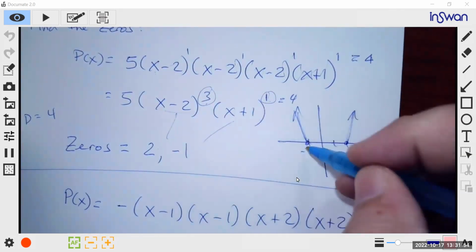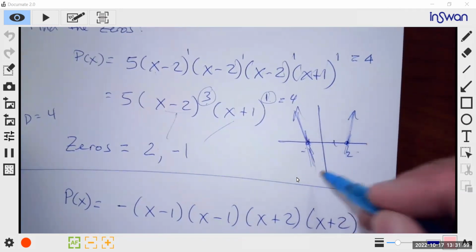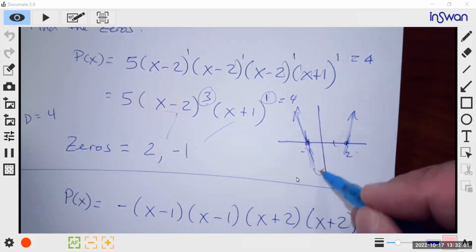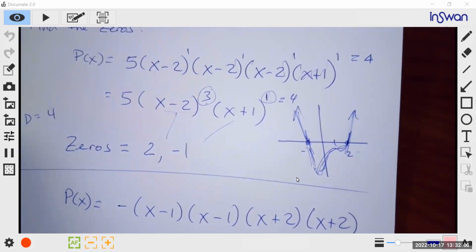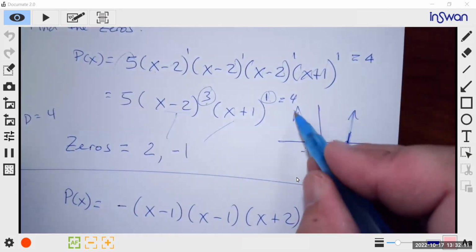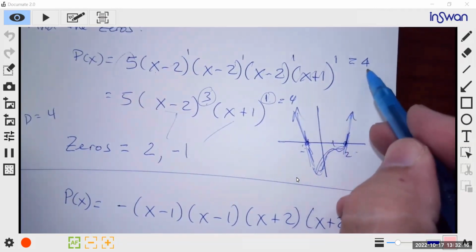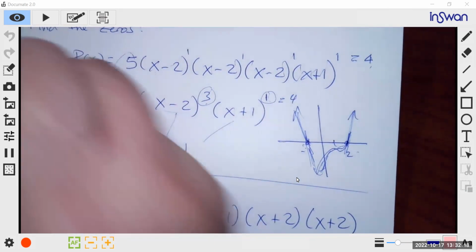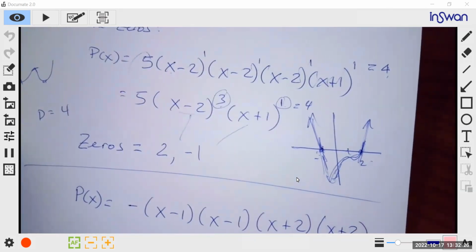So these also tell us that the graph will look something like this. Because of this, it's going to have only 2 x-intercepts. It's a degree 4. Degree 4s look like this, because we have 3 turning points at most. So this one is going to be pretty squished. You see it now?